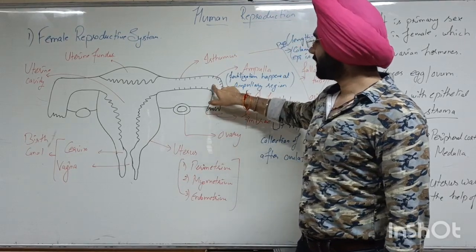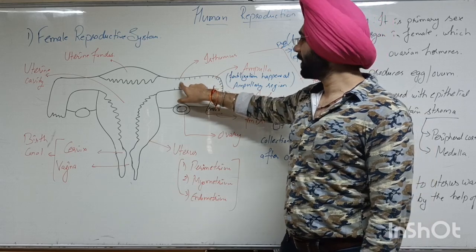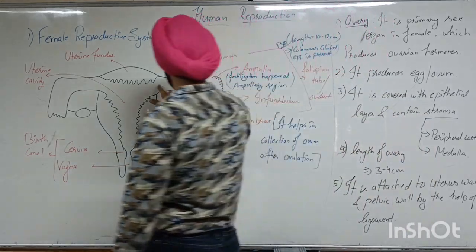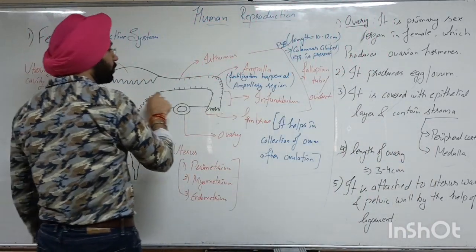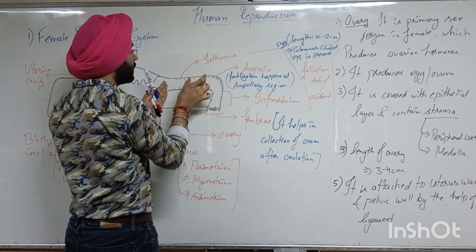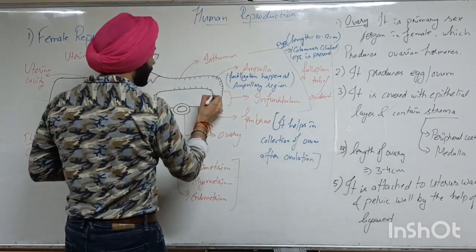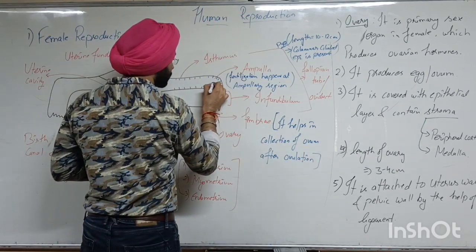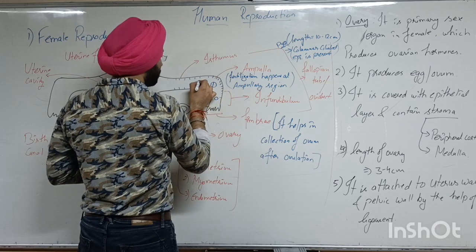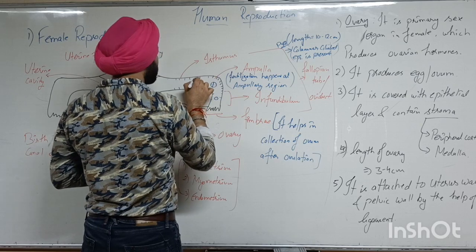After fertilization it is a 2-cell stage, then 4-cell, 8-cell, 16, 32 and 64. These stages are the morula, blastula and gastrula. In the blastula stage, this is known as the blastocyst.